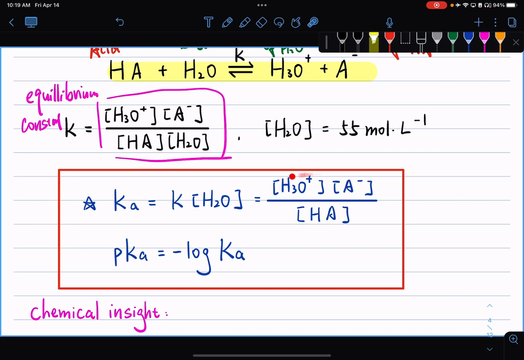Ka has the proton concentration and A-, the concentration of your conjugate base, on top, and on the bottom, the concentration of your acid. And pKa is defined as the negative log of Ka.